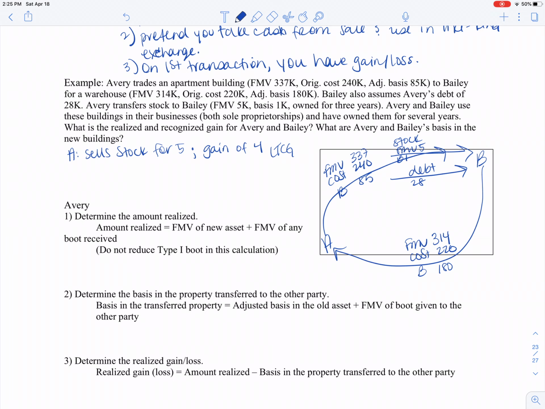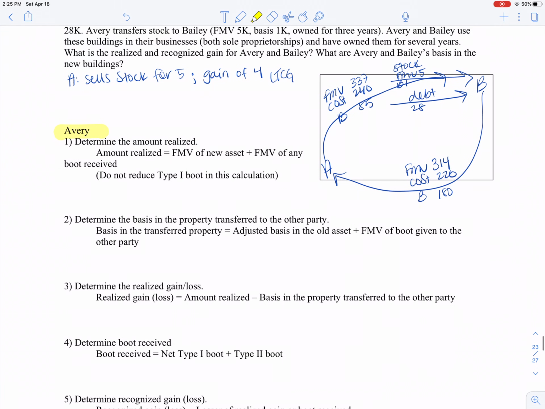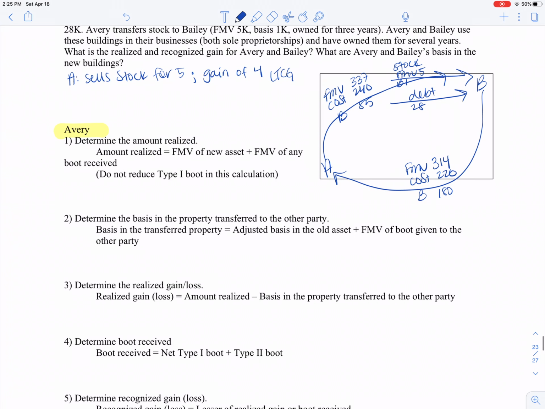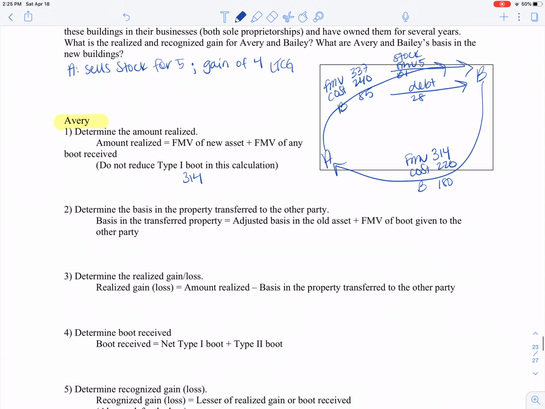All right, so we're going to determine from Avery's perspective first the amount realized. So the fair market value of the new asset plus the fair market value of any boot received. So the fair market value of the new asset is the $314, and the boot received is the assumption of debt by Bailey.